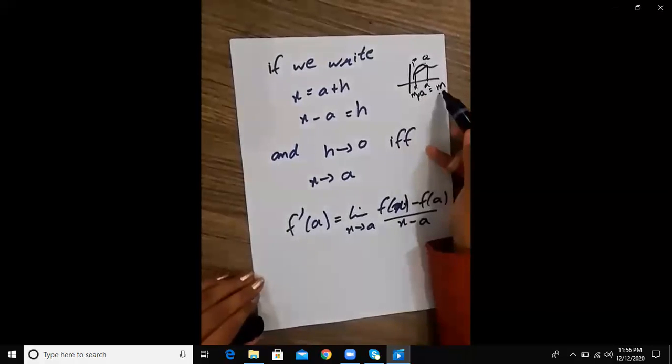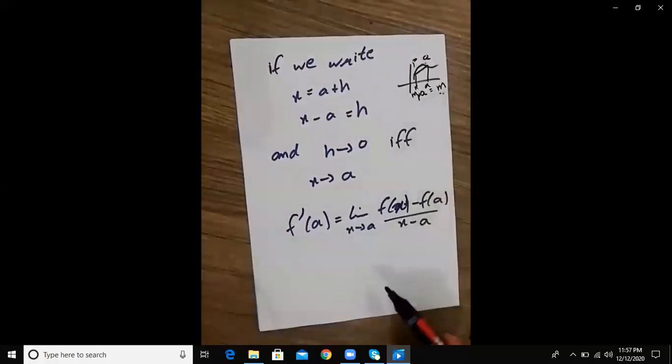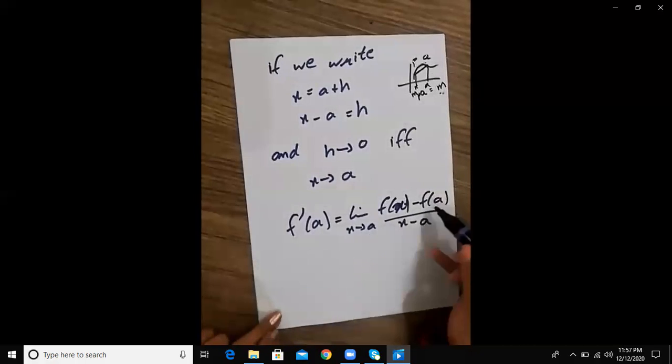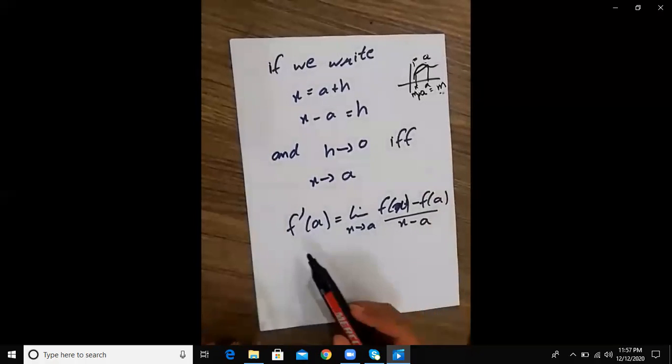And Q will approach P when we let the number a approach x, then the point Q will approach P, and we will say that the slope of that secant line is equal to the slope of the tangent line at point P. So this was the concept of the tangent line.